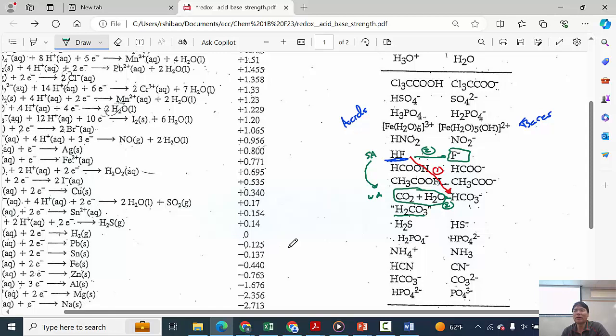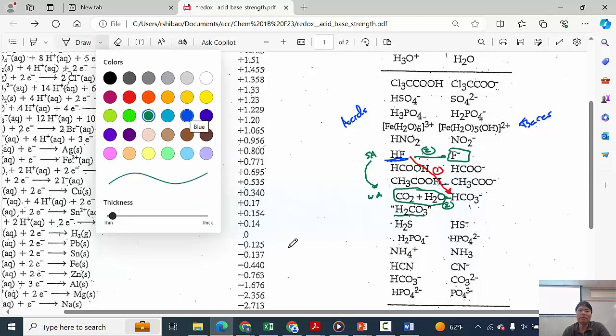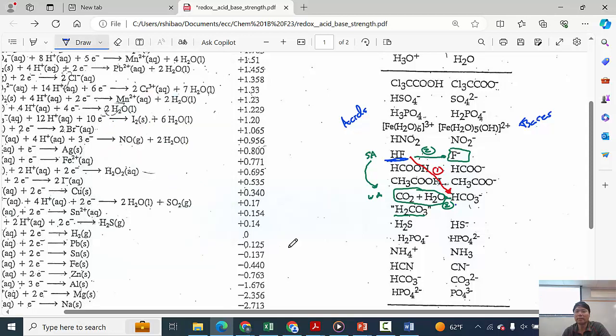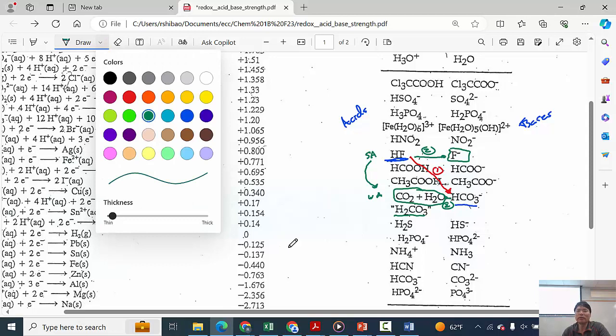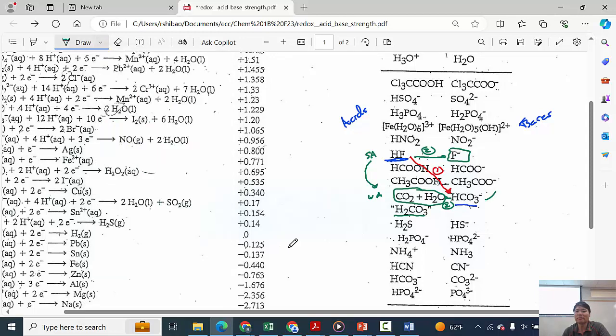Likewise, we start off with bicarbonate as our base here, and then we end up with fluoride as our base. This is an inverted chart on the right side, so we're going from a stronger base to a weaker base. And this is the zigzag part of the zigzag pattern.